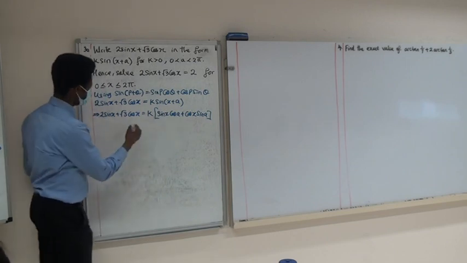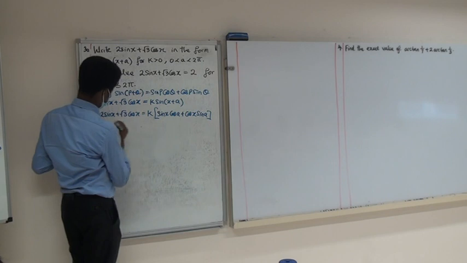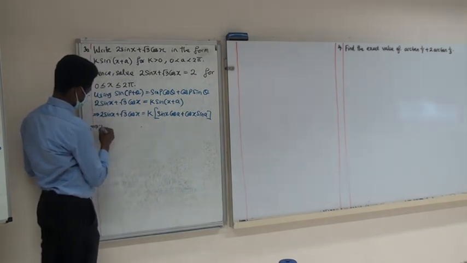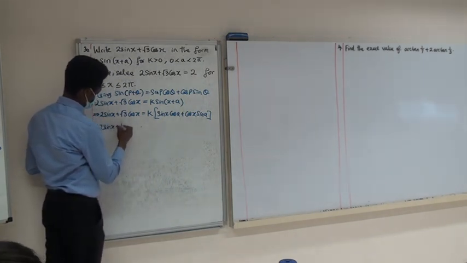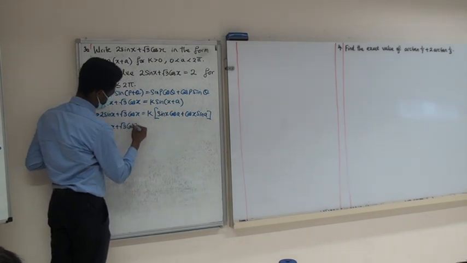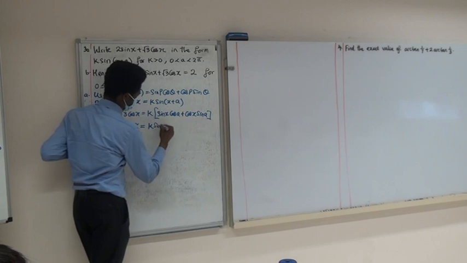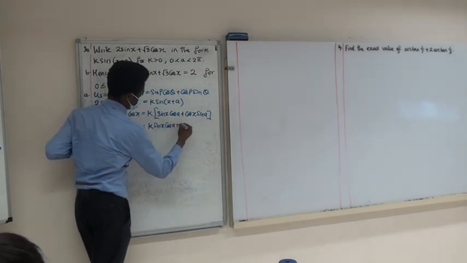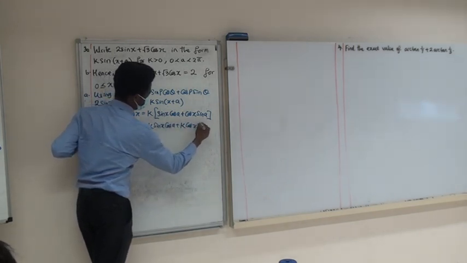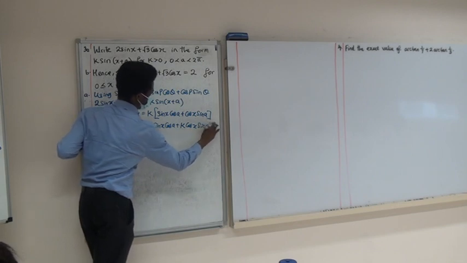So the same expression, 2 sine x plus root 3 cos x, is now k sine x cos a plus k cos x sine a.